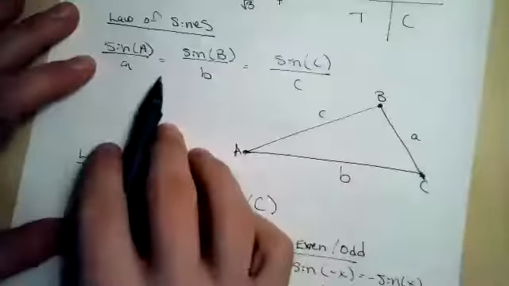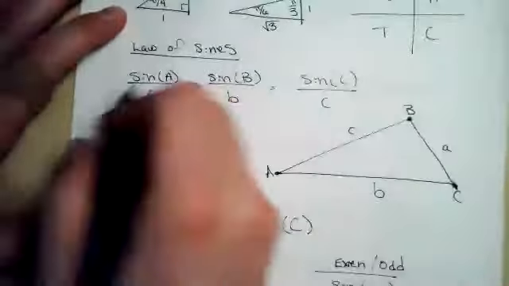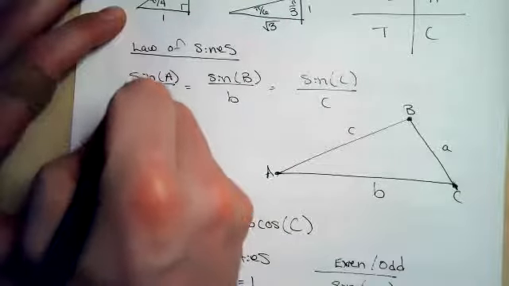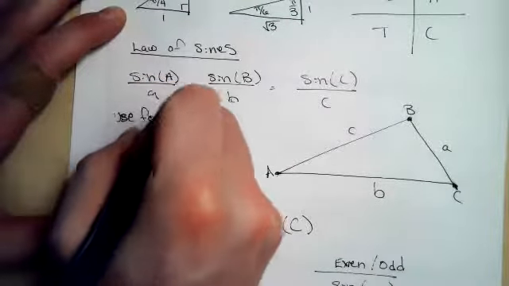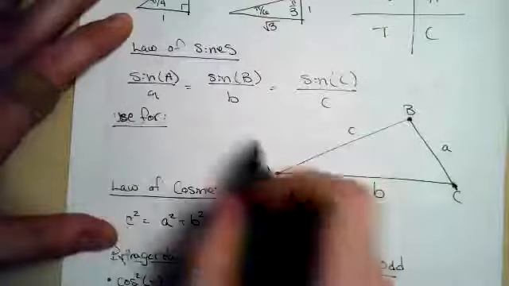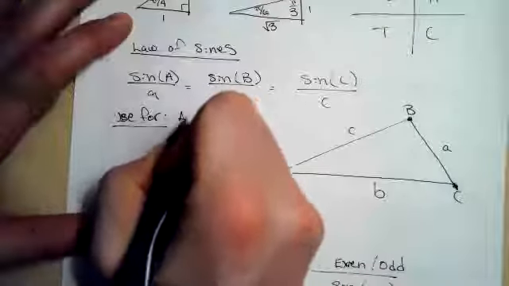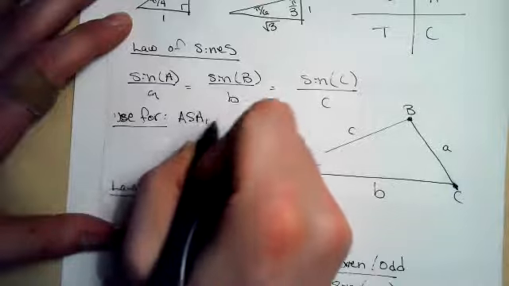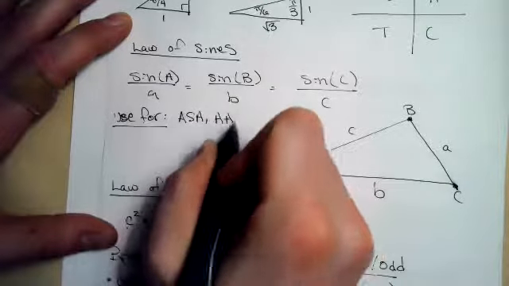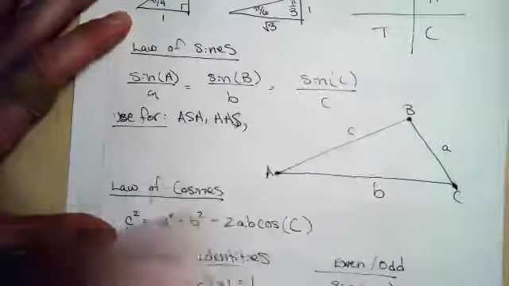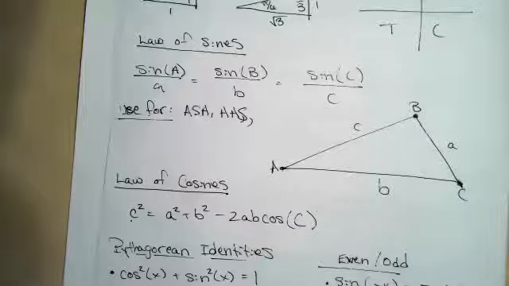Let's go back. Things to memorize. So we wrote the law of sines. Law of sines is good for angle, angle, side, or angle, side, angle. Essentially, anytime you're given two angles and a side, law of sines is going to work very well.